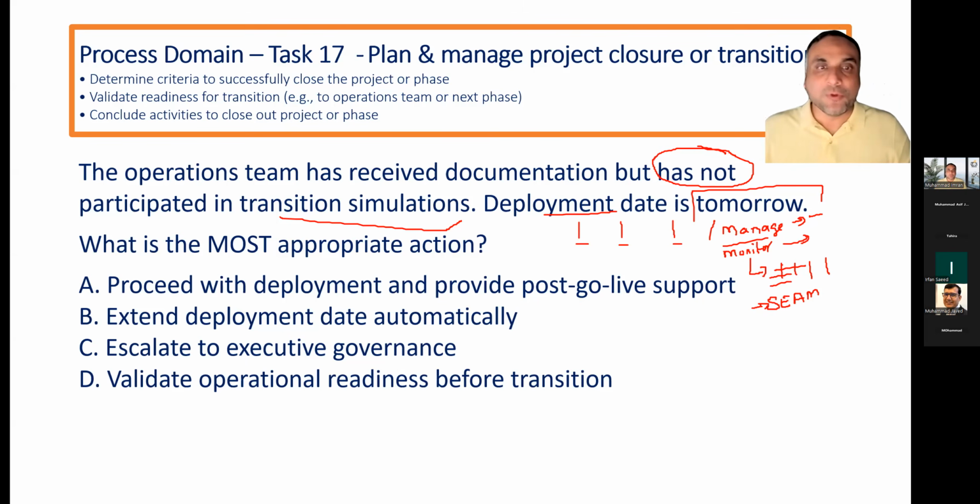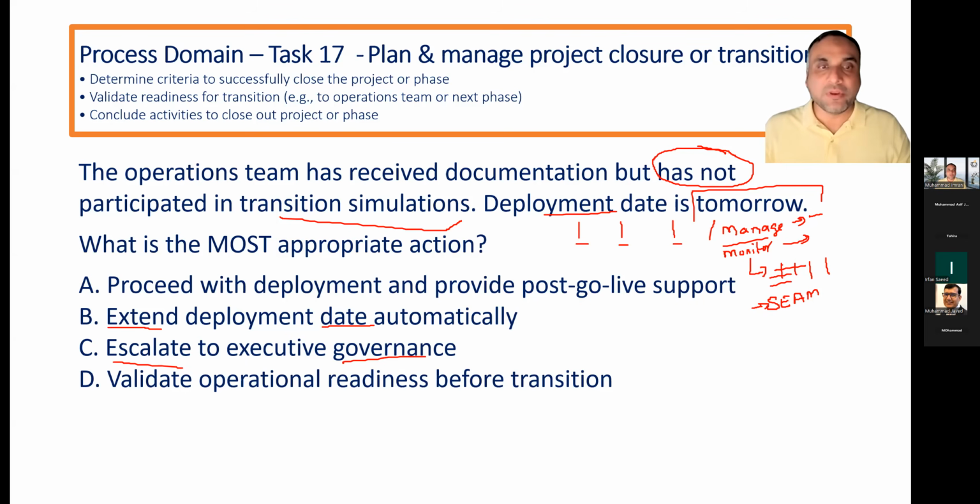So proceed with deployment and provide post go live support. Suitable options. Sometimes we have to do like this. Extend deployment date. Can you do this? Exactly. And can you escalate to governance? Why? You can, if no one is participating.